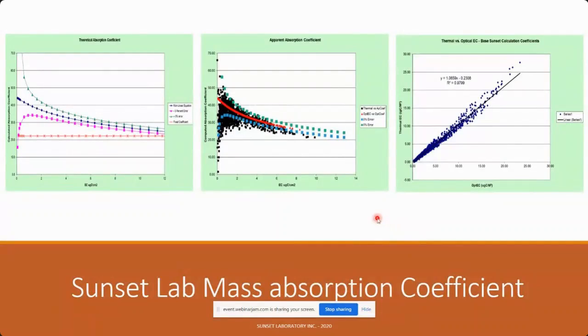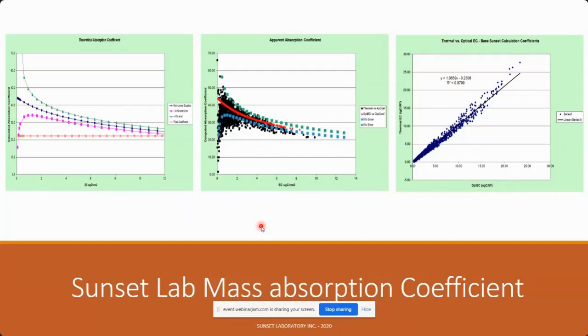I like to talk a little bit about the mass absorption coefficient, which is how, in optical techniques, black carbon is calculated. It's important to know that the black carbon mass absorption coefficient for what we would call ambient samples can vary.